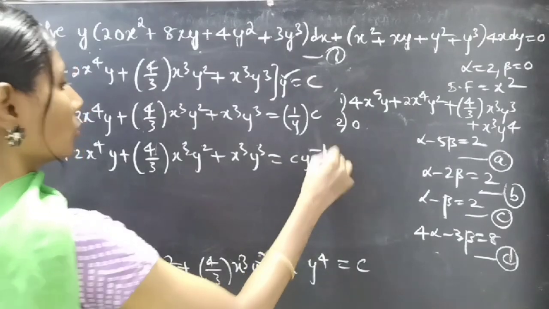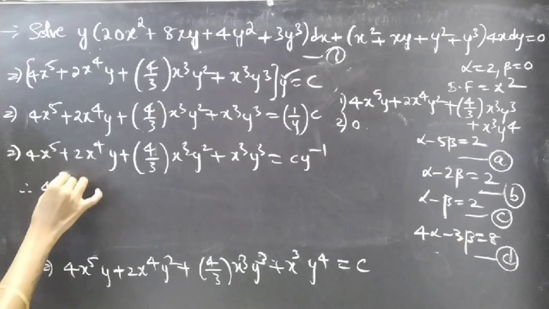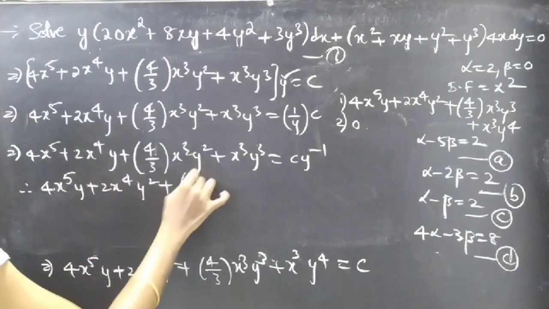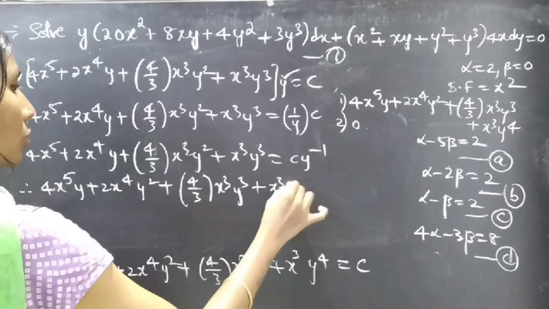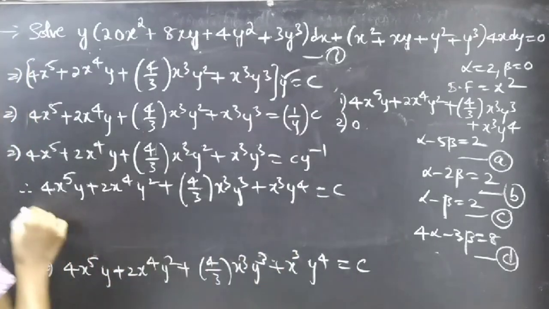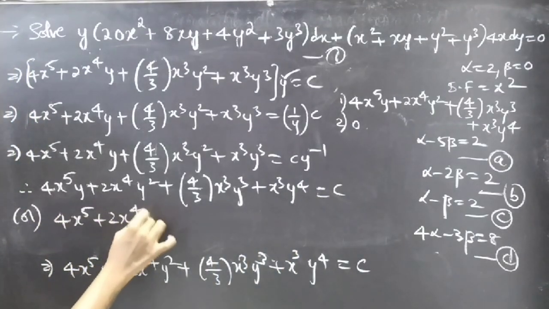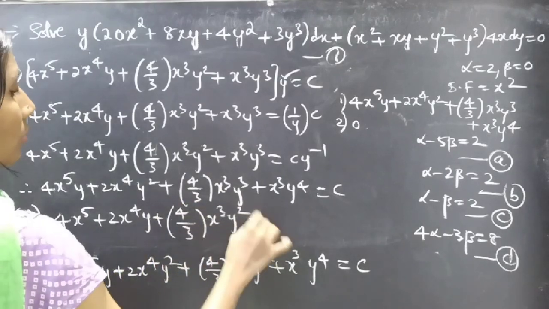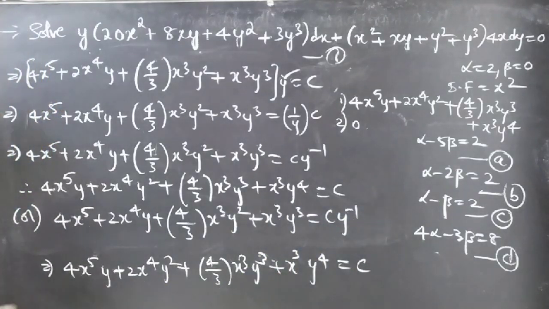So I'll get c into y inverse. Therefore, 4x power 5 y plus 2x power 4 y square plus 4 by 3 x cube y cube plus x cube y power 4 equal to c, or 4x power 5 plus 2x power 4 y plus 4 by 3 x cube y square plus x cube y cube equal to c into y inverse is the required solution.